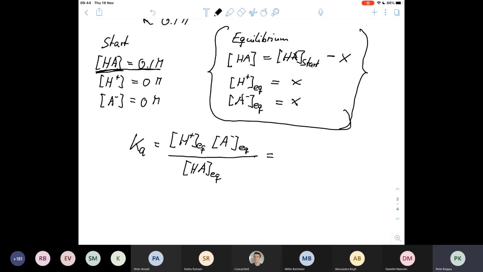We don't know this one here, we'll just call that X. We don't know this one here, but that's also X. Divided by HA start minus X, and HA start was our 0.1.